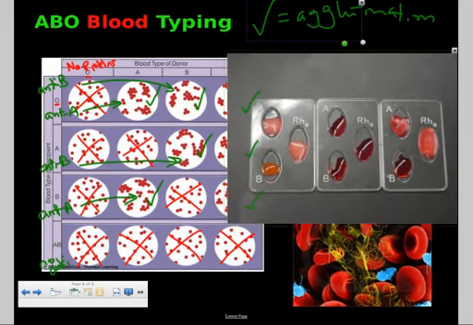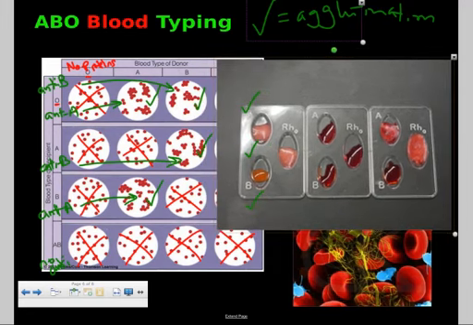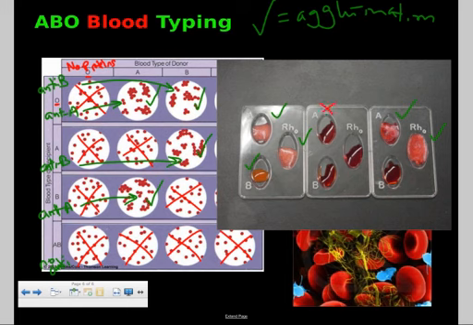Okay, and so it might be hard to see, but you can see what's happening here on this slide, and this is exactly what you guys are going to be doing in the lab, is that we are looking for evidence of agglutination. So this is agglutination, this is agglutination. That's all agglutination. But here you can see that there's no sticking together of anything.